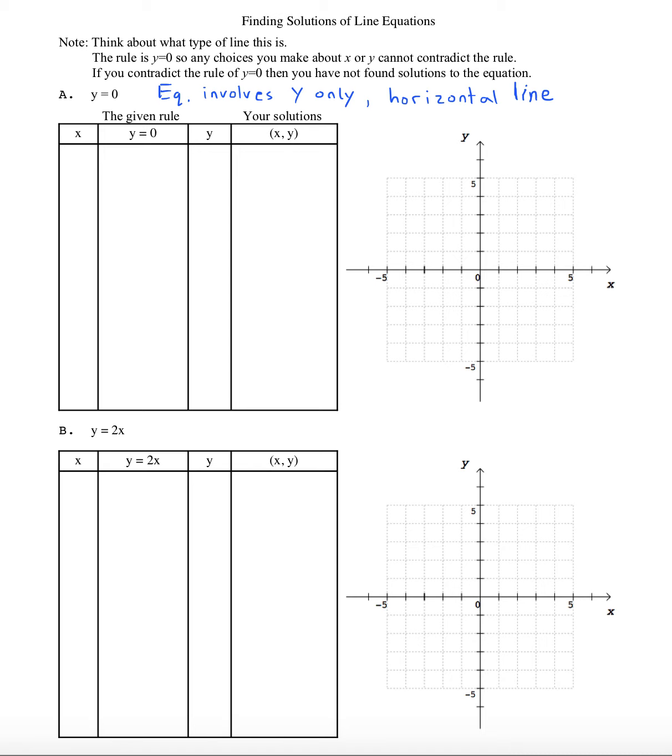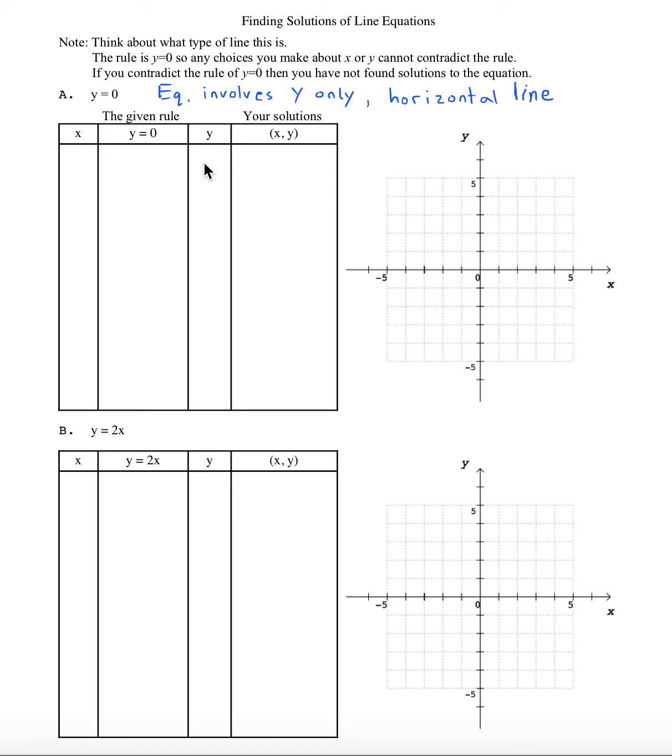Okay? So it's like, do you want to pick x or y? In this particular case, you can pick anything for x. X is unrestricted because the rule is not about x. Okay, you can't put certain values of y down and be correct.